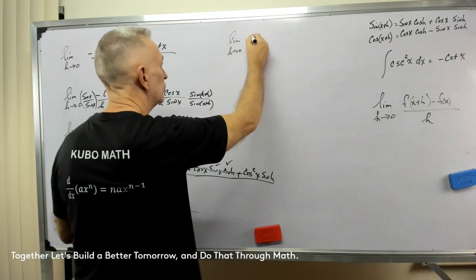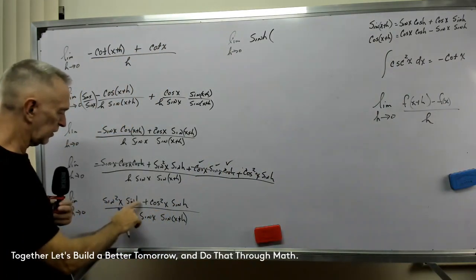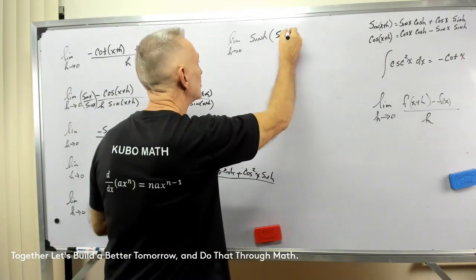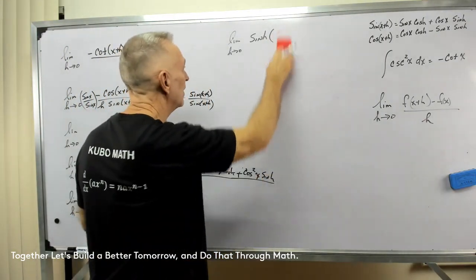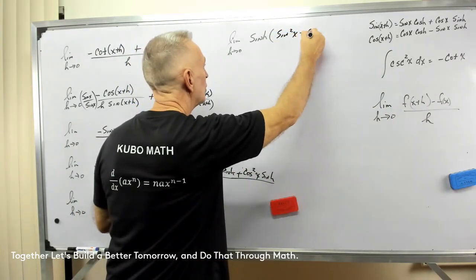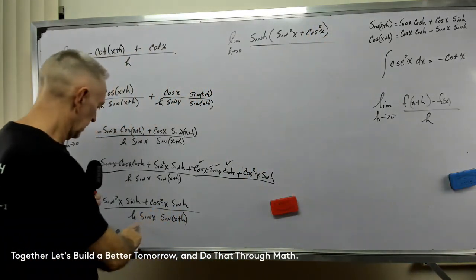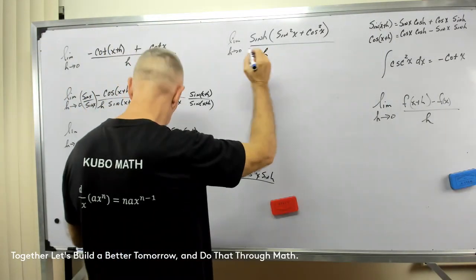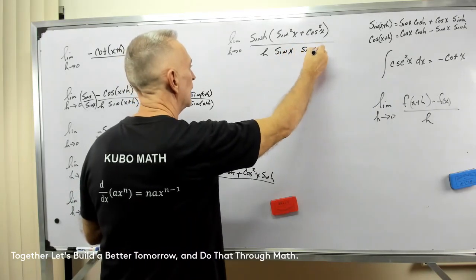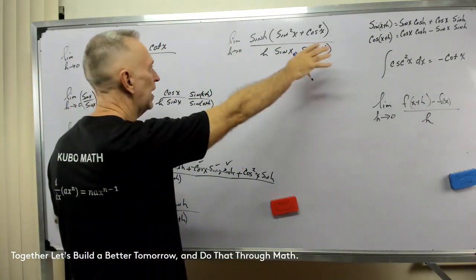Sine h is factored out, and that leaves me with sine squared x plus cosine squared x, over h sine x sine x plus h. So I have that limit as h approaches 0 of that.